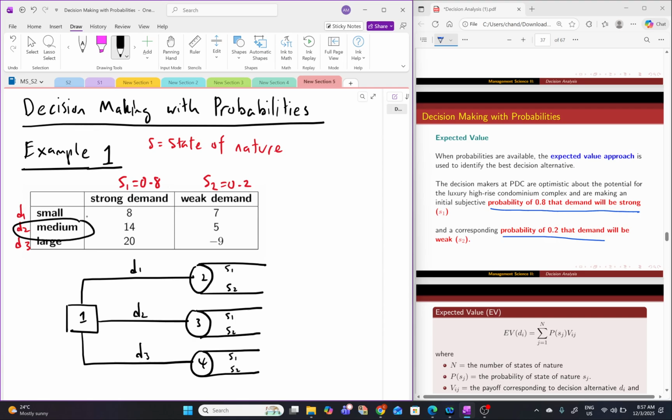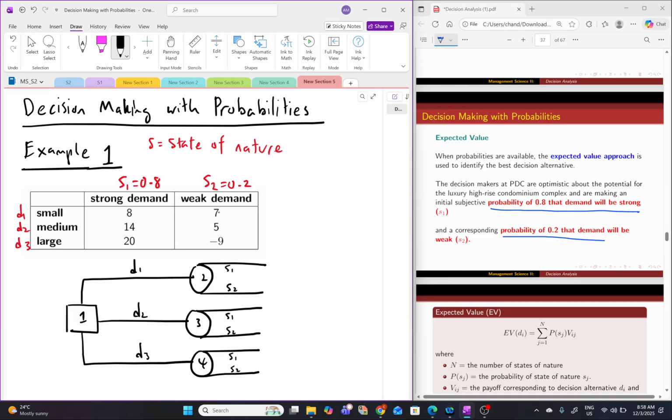If the company does a medium condominium, you akan dapat 14 million. Same thing goes for weak demand. If you do a small condominium, dia akan dapat 7 million. Kalau dia buat large, dia rugi 9 million. Minus means you are losing money.